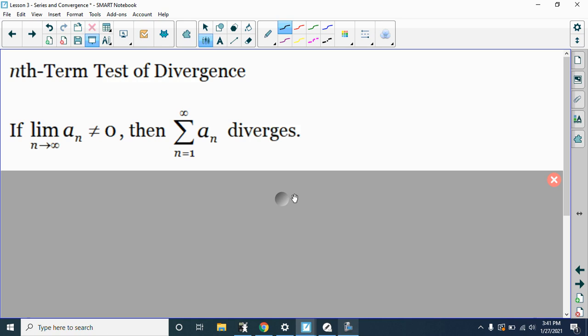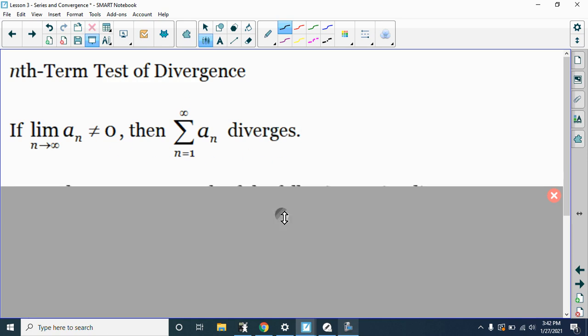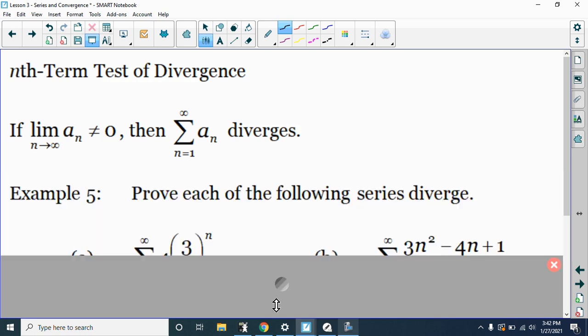If the limit as n goes to infinity of the sequence is not 0, then the series diverges. Notice it does not have any condition for convergence. If I change this to if the limit as n approaches infinity of a sub n is equal to 0, that does not tell me that the series converges. This is only something that can be used to show that a series diverges.